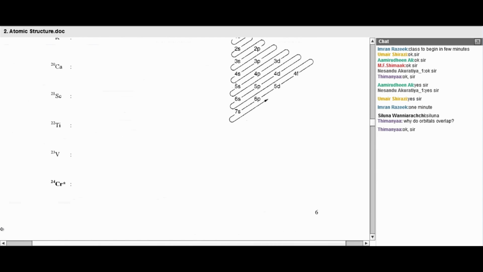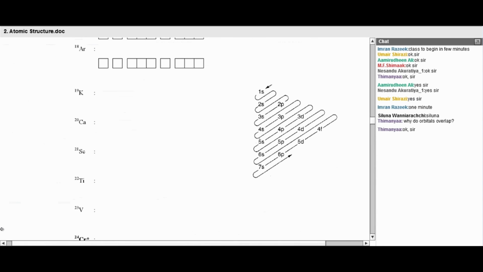Let me write the configuration of titanium. So this is 1s2. I told you to write a comma between main energy levels, if you remember from last class: 2s2, 2p6, 3s2, 3p6. You write the 3d, but you don't fill it.